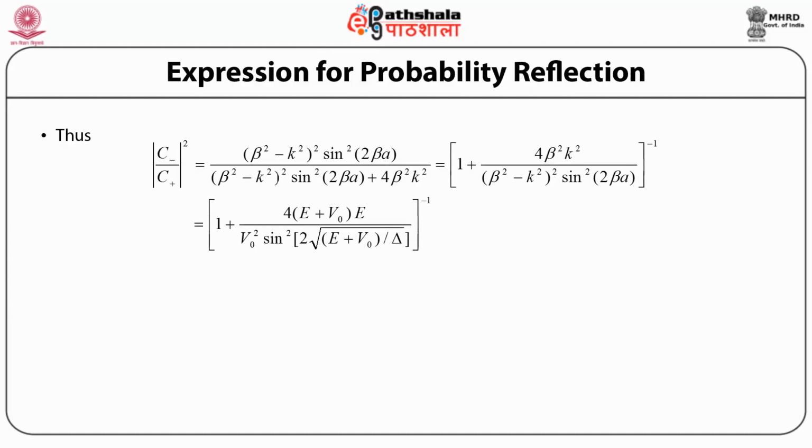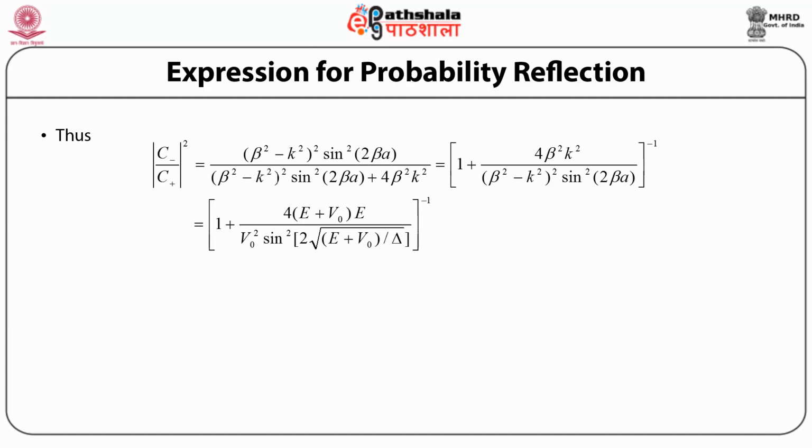Thus, the square of the modulus of c minus by c plus is equal to beta square minus k square whole square into sine square of 2 beta a divided by square of beta square minus k square into sine square 2 beta a plus 4 beta square k square.